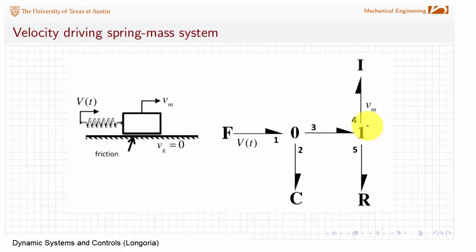So here we have a system that's a mass sliding with some friction on a surface, so in 1 degree of freedom, but we've got a spring and we've got a velocity source on one side of that spring. So here's the model, here's the flow source that represents the velocity input, here's your spring element, and here's your mass.